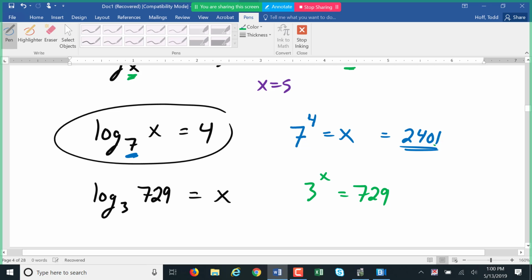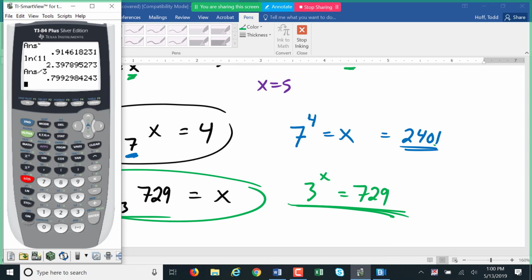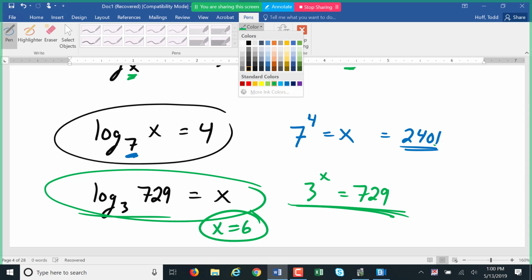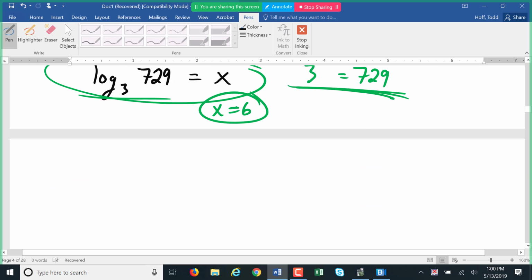We had to figure out what x is. Well, this is easier to solve if we left it in exponential form. We can do the log of 729 divided by the log of 3, getting us 6. X is 6. Like I said, we're going to focus on this form here today.